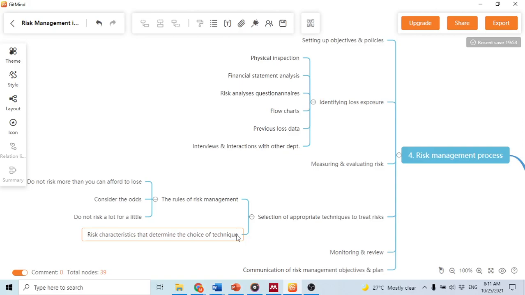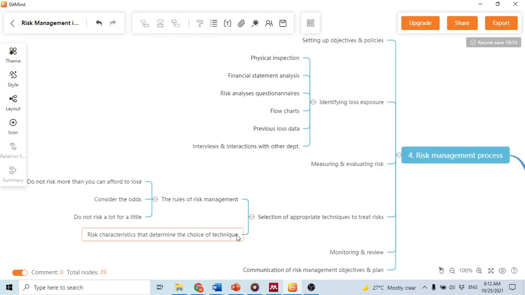The action that we can use to treat the risk is actually to avoid the risk or reduce the risk. Avoid and reduce. But if we have high severity and low frequency of occurrence, what we can do is take takaful or insurance.